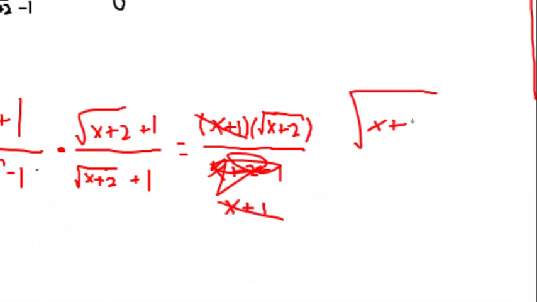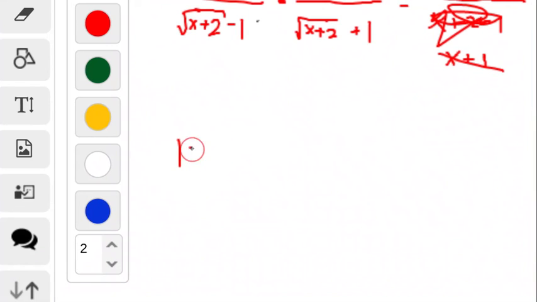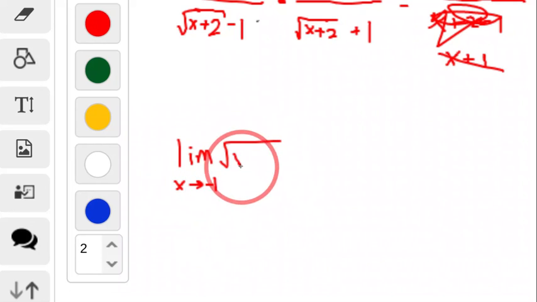So now let's find this limit. So what we want is the limit as x approaches negative 1 of this function, the square root of x plus 2.